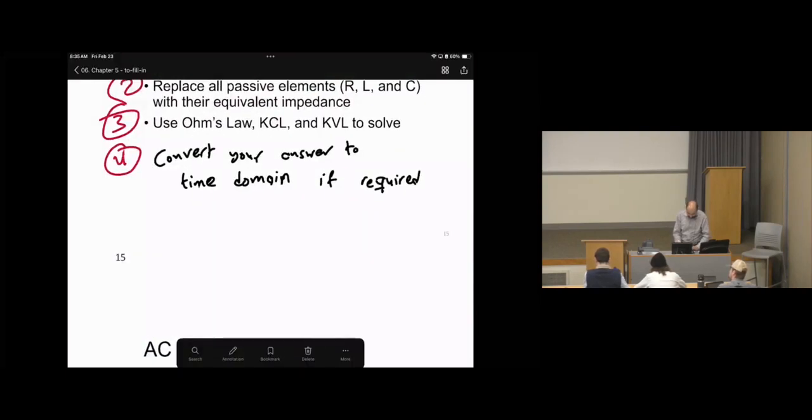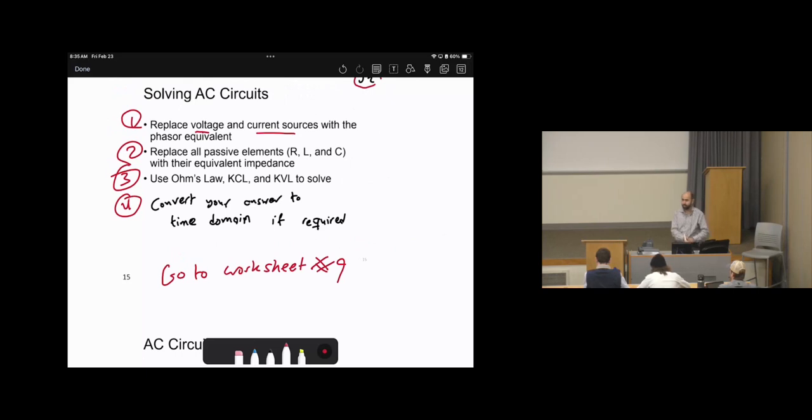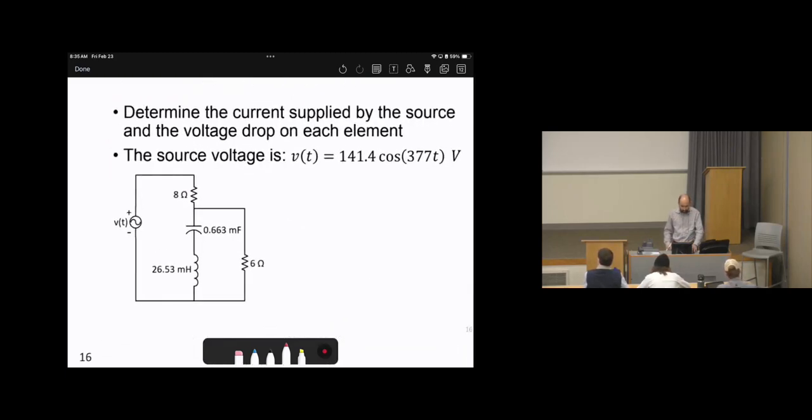I'm going to write here, go to worksheet number 9. Worksheet number 9 basically summarizes the procedure that I wrote here, and there is an example written in details on how to find the answer.